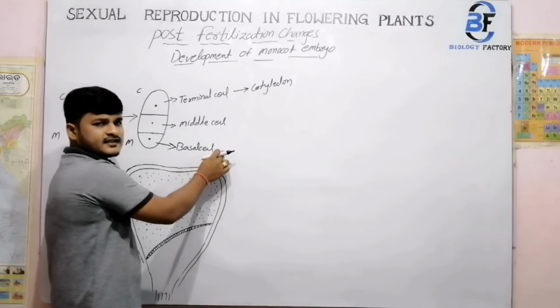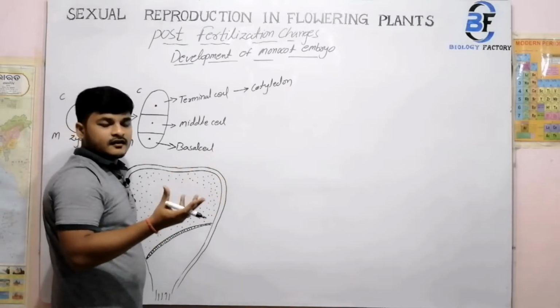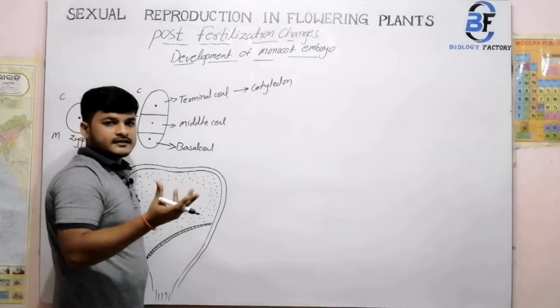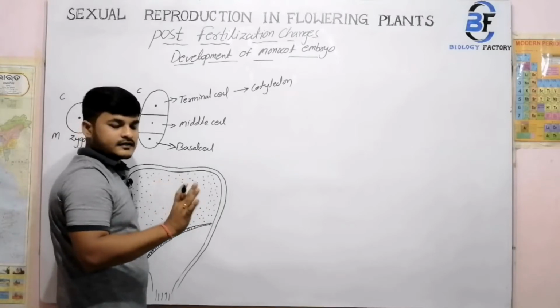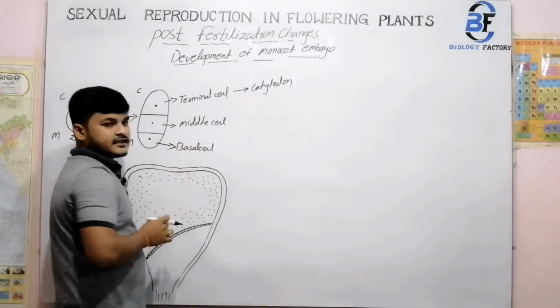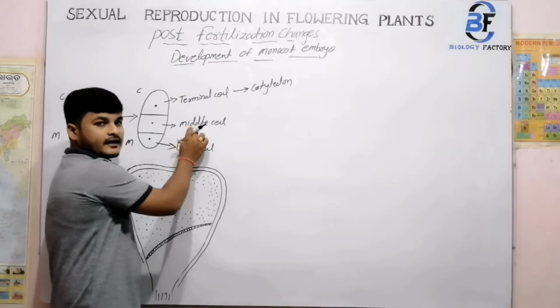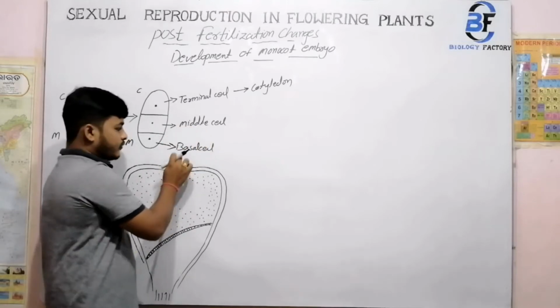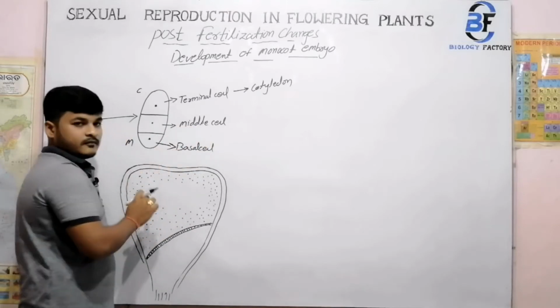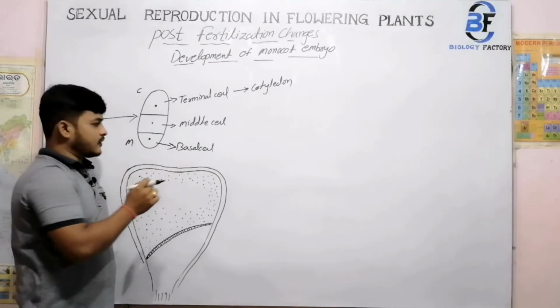A single change takes place, that means in size. After taking some nourishment the basal cell looks a little bit bigger. That is the change, but there is no major change. The major change takes place in the middle cell, which plays a vital role in the monocot embryo. But in dicot embryo, the basal cell plays a vital role. I think you remember these things.